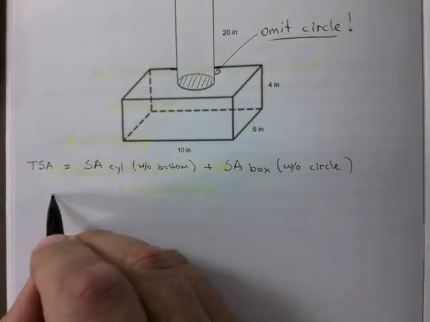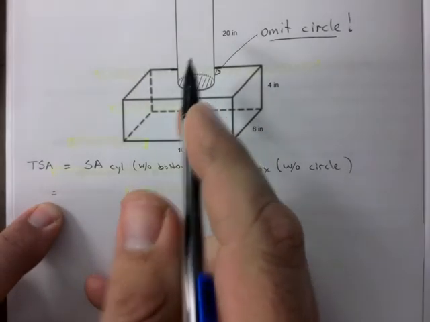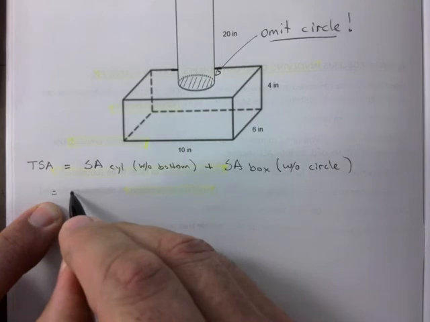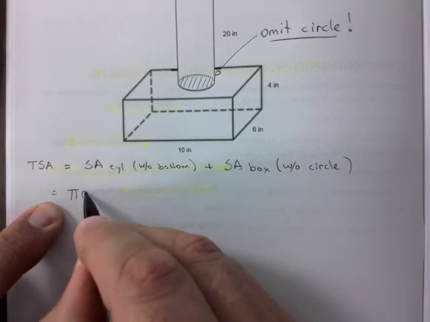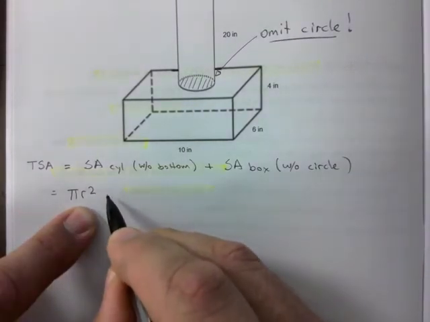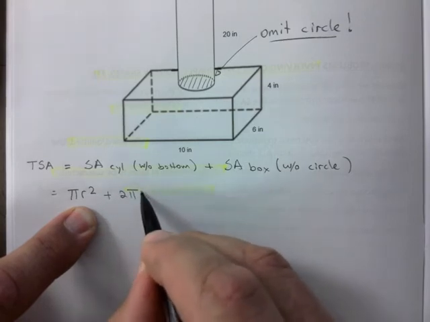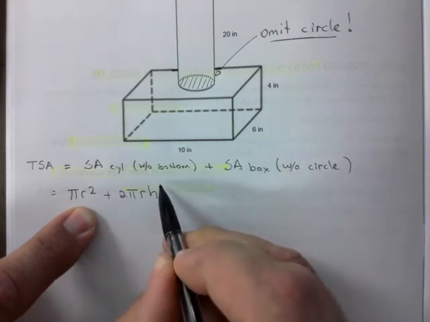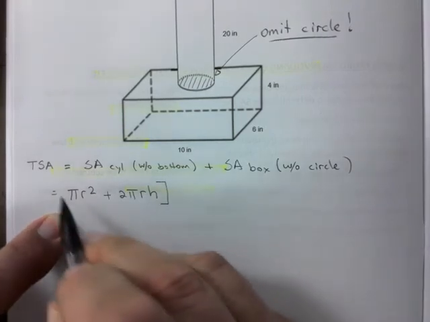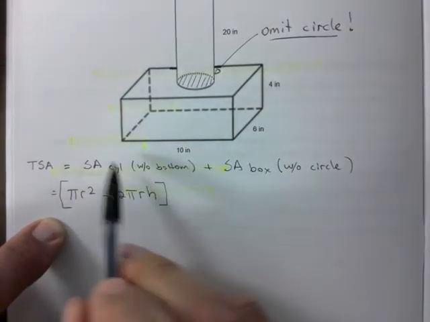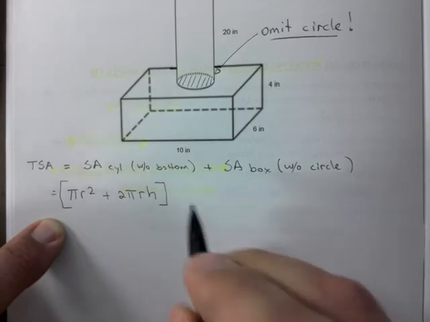So here we go. Surface area of that cylinder there, I'm going to go pi r squared, just pi r squared, not 2 pi r squared, right? Plus 2 pi rh. And I'm going to do this. I like to kind of square bracket that because that takes care of that first part.